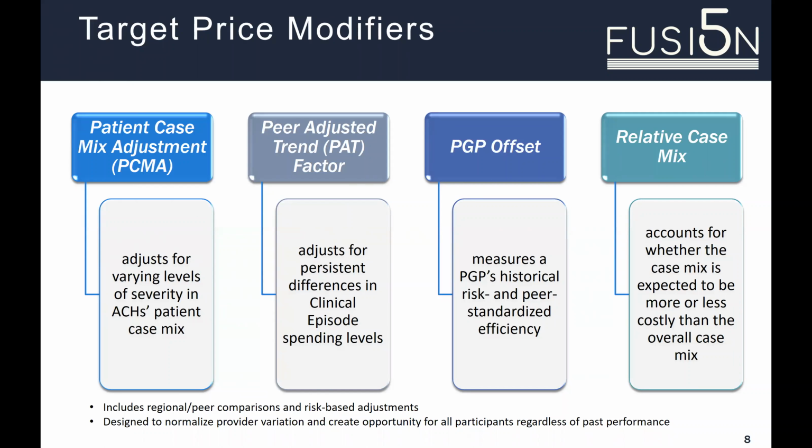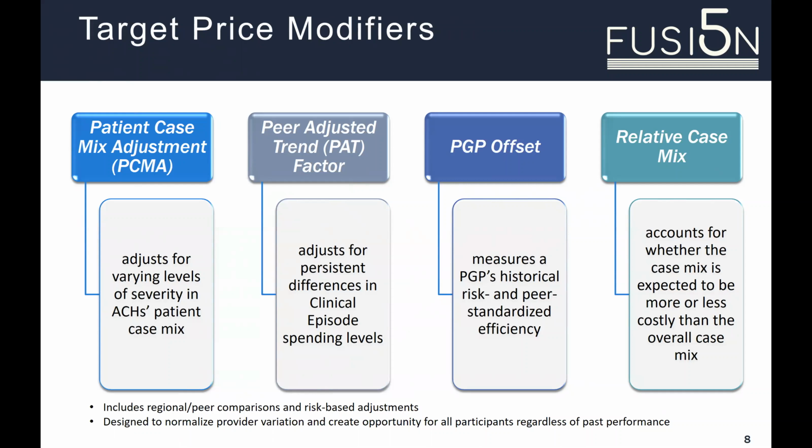Now, there are some other factors here, these other three, but this basically gives a good method for CMS to say, okay, if the hospital has a different case mix, then CMS is going to apply that patient case mix adjustment.